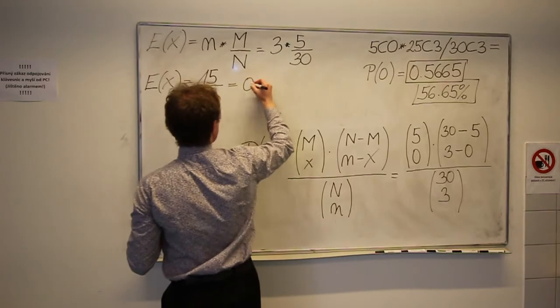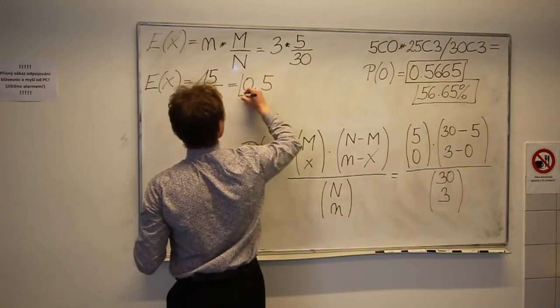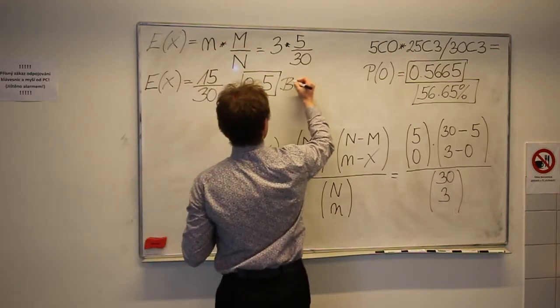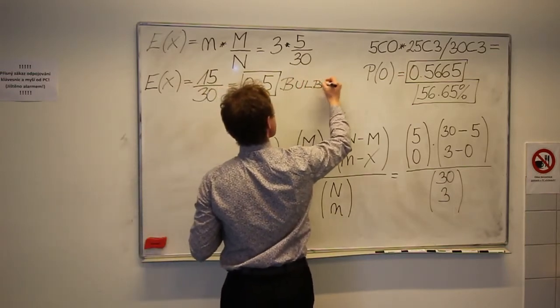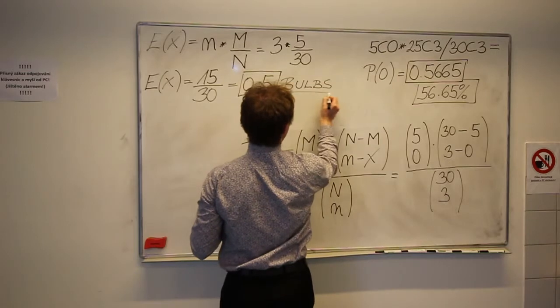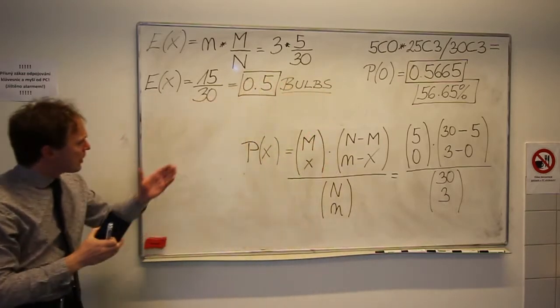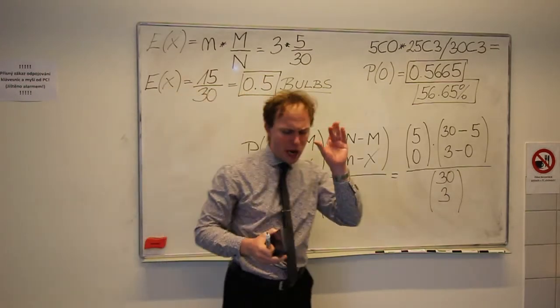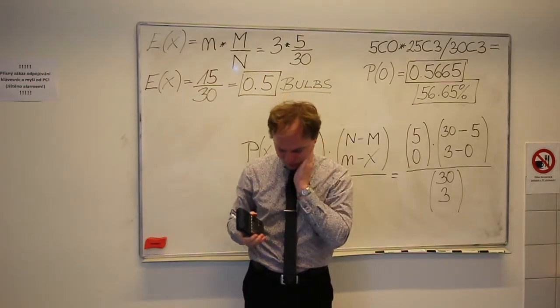It's equal to 0.5. Interpretation is in light bulbs. So this is the average, the expected number of broken bulbs in your selection. 1/2 of a broken bulb.